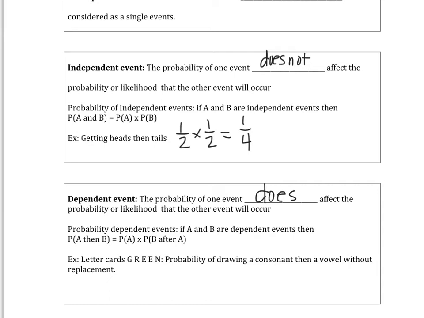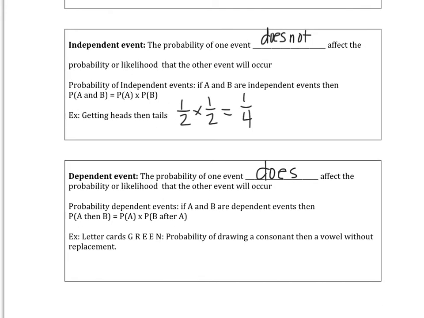For example, say we had letter cards, and each card had a different letter on it: one had a G, one had an R, one had an E, one had an E, and one had an N. You're finding the probability of drawing a consonant, then a vowel, without replacing it. That means first drawing a consonant, keeping it out, and then on your next turn you draw a vowel. What's the probability of that happening?